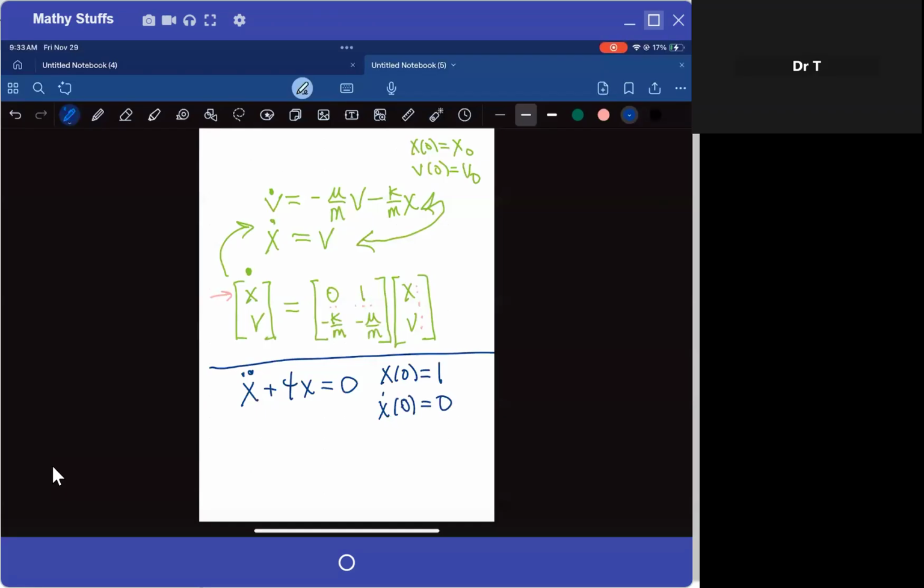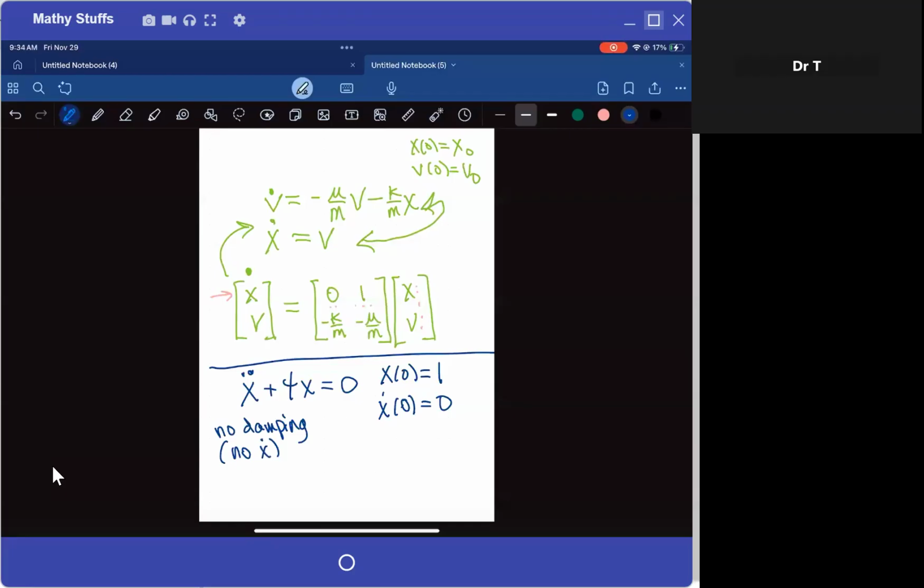Now I'd like you to take a minute and just see if you can picture what's happening here. First off, note there's no damping because there's no x dot term. So this is an undamped mass spring system. I have an initial extension of 1 unit, so I pull it down 1 unit, 1 meter, whatever, some fraction of meters.